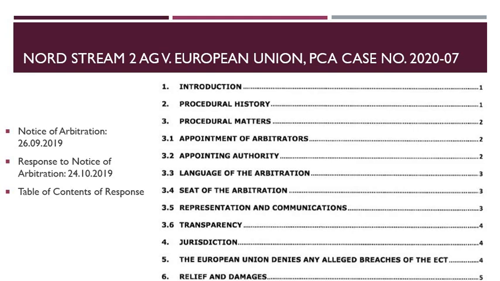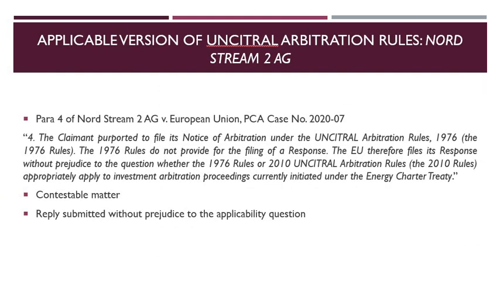Just now, we spoke about two versions of the UNCITRAL Arbitration Rules being applicable. The 1976 rules and the 2010 version of it. In this reply, this aspect is also addressed in para 4, which you can see in front of your screen. Let me read para 4 for your convenience. 4. The claimant purported to file its notice of arbitration under the UNCITRAL Arbitration Rules 1976, the 1976 rules.